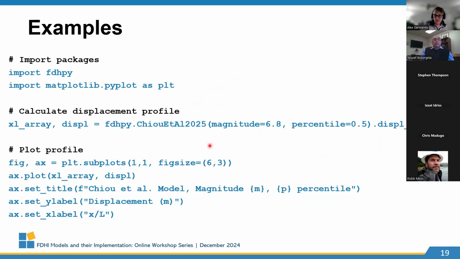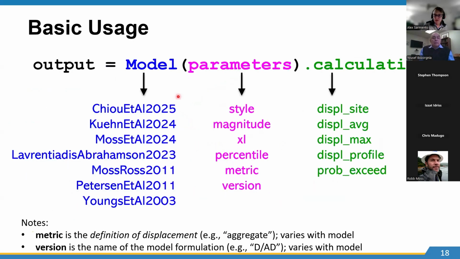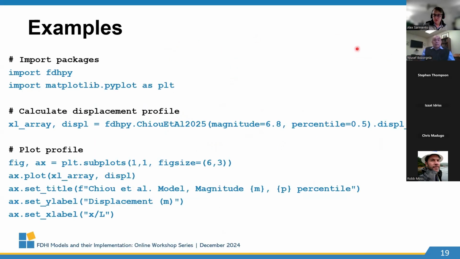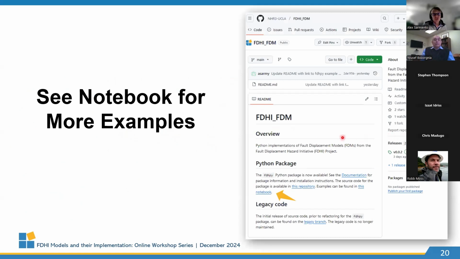The key thing to notice here is that we're following the same example of our model name, our parameters, and the calculation we want to perform. So we have our package, I should say, then our model name, its parameters, and then the calculation is displacement profile in this case. There are many more examples in the notebook online, but they all follow that same format of model, parameters, calculation.